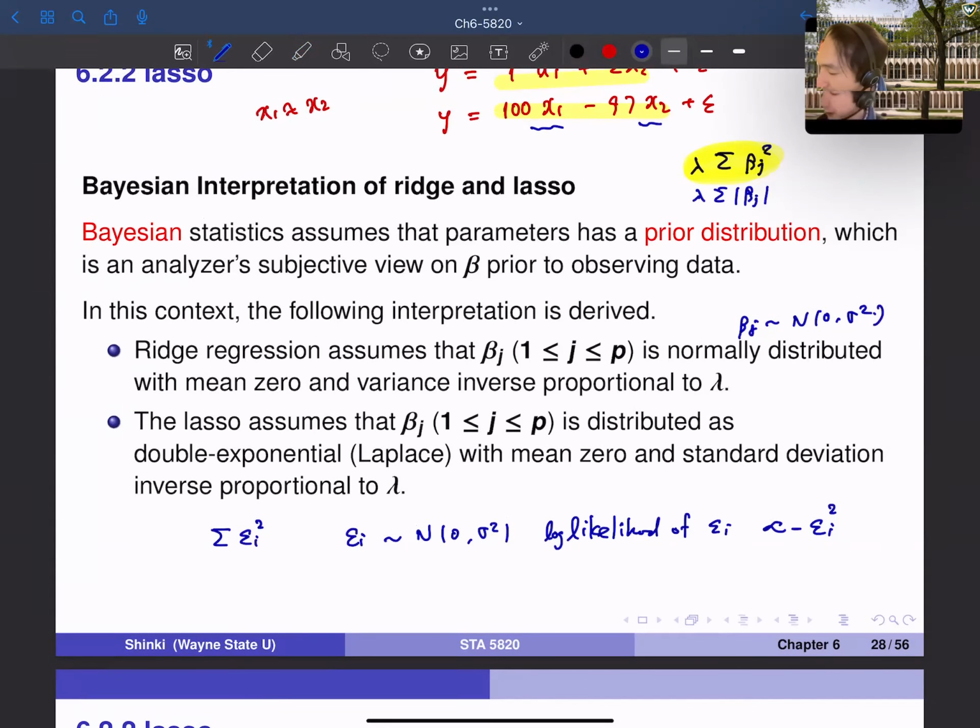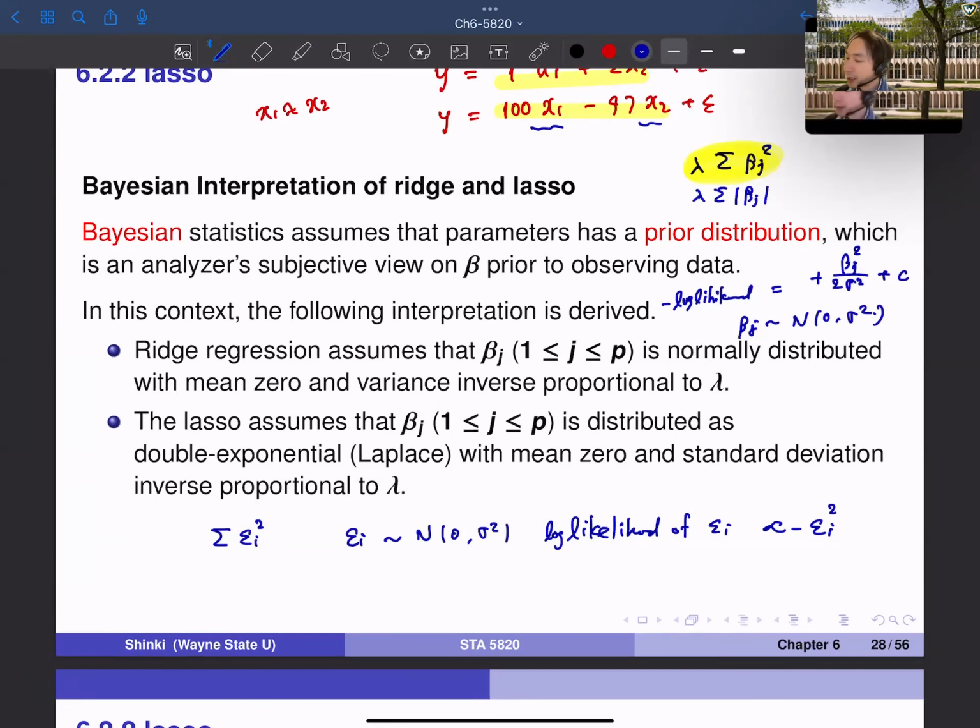I don't discuss it in detail, but to be exact, the negative log likelihood is beta j squared over 2 times sigma squared, plus maybe some constant.